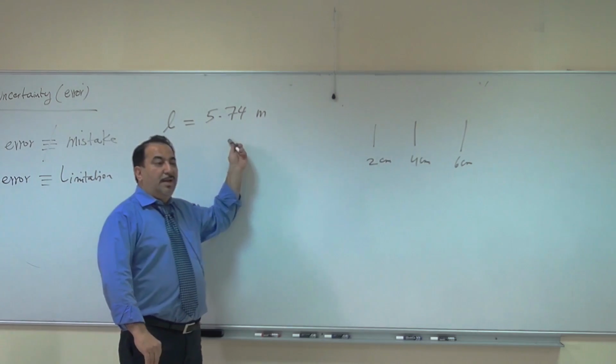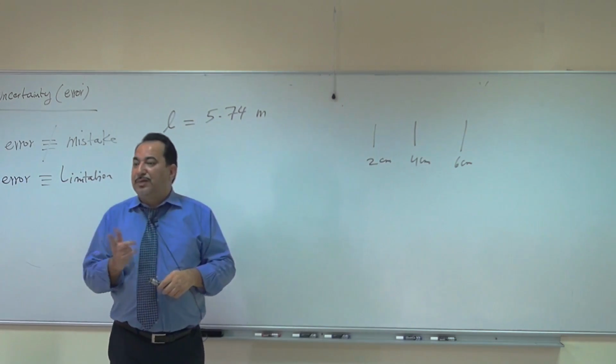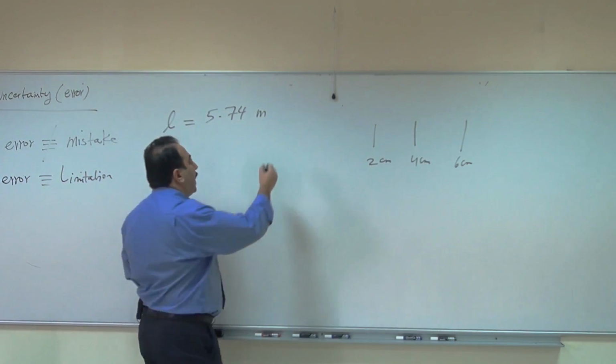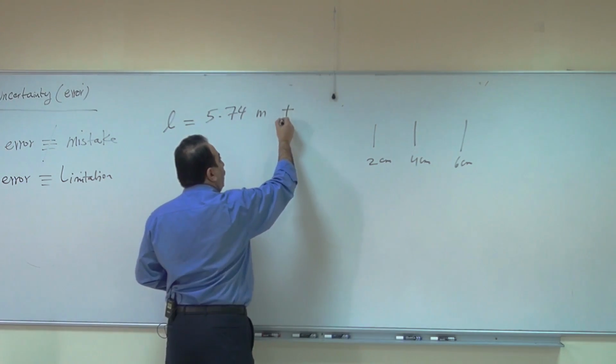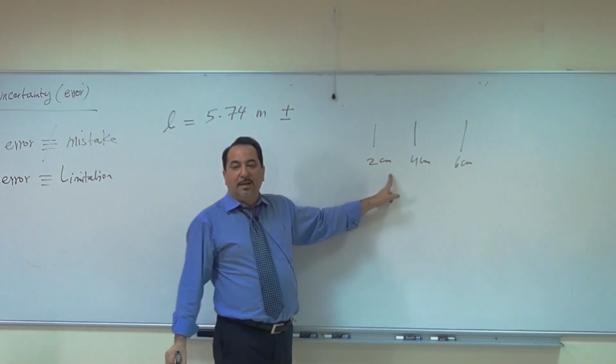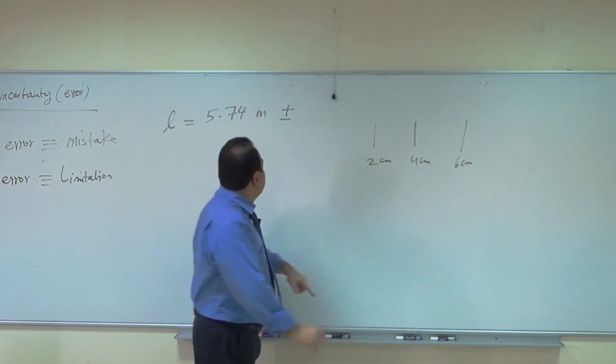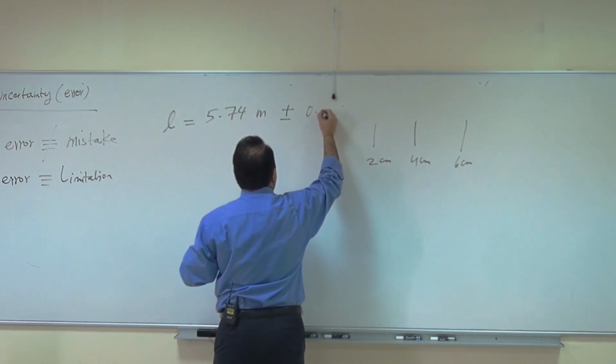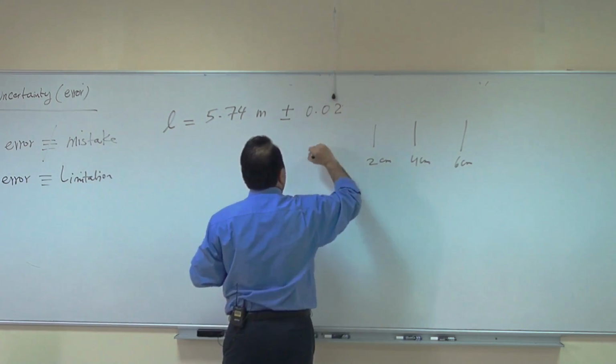So when you record the length using this measuring tape, you have to say that you're not sure by how much, plus or minus 2 centimeters, which means 0.02 of a meter.